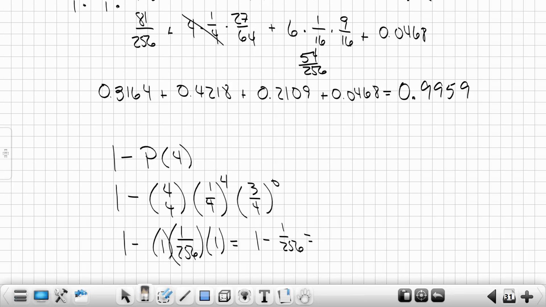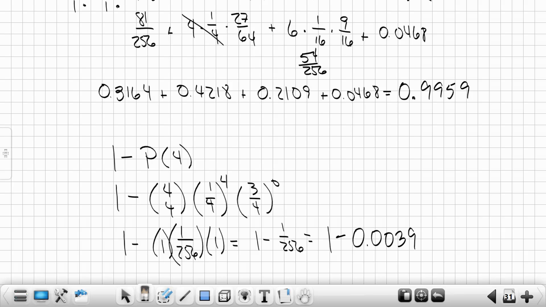Because, to Amanda's logic, we asked for the probability of winning 0, 1, 2, or 3. Well, the only thing we didn't take into consideration was winning all 4. So she said, wouldn't it just be 100% chance minus the probability of winning all 4? This is another way of calculating the same thing. So 1 divided by 256, 0.00.